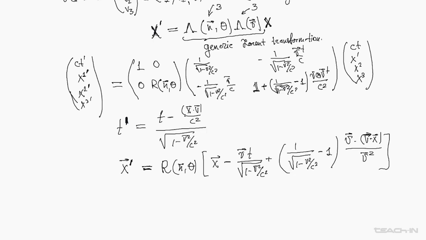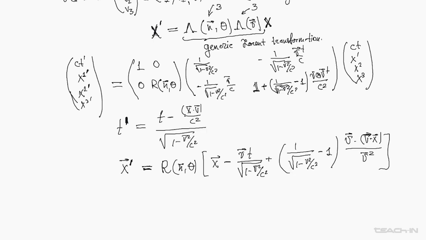Yeah, you see, what you do here is that if you have a particle which in one Lorentz frame has coordinates x1, x2, x3, and the time t, then making a transformation to another Lorentz frame, the particle, or event, whatever you call it, will be described by coordinates t prime, x1 prime, x2 prime, x3 prime. And these formulas describe the transition from one coordinate system to the other.